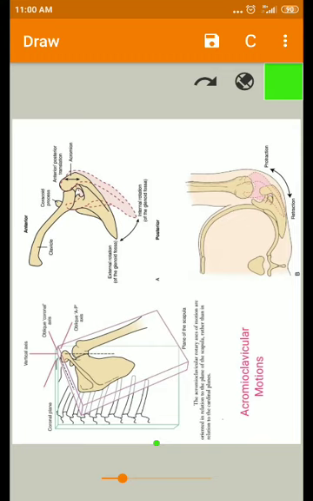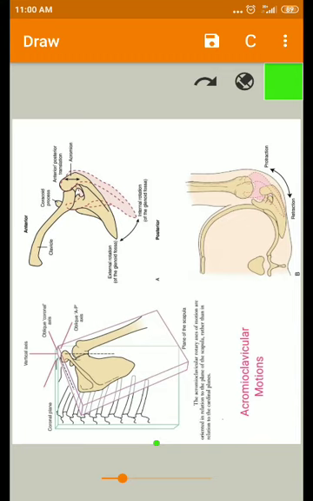We have to explain that the movements are taking place at the acromioclavicular joint. So in the plane of the scapula, we can't consider the normal cardinal planes, that is sagittal plane, coronal plane, transverse plane. We can't consider that on the plane of the scapula.